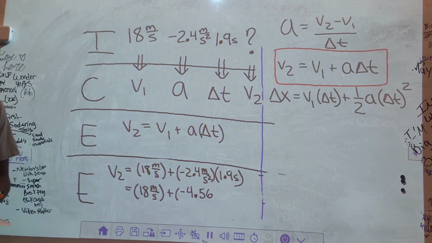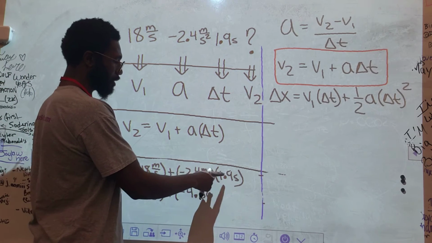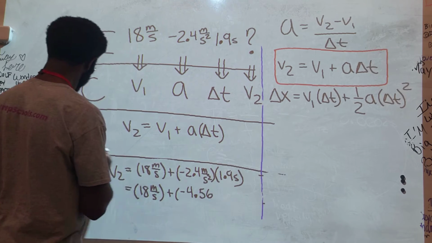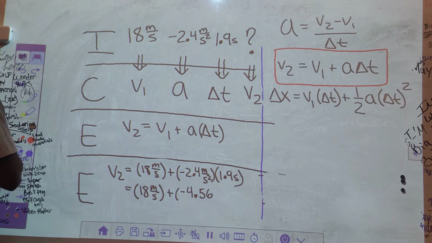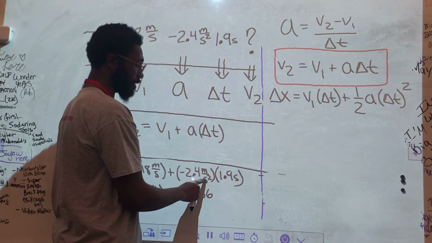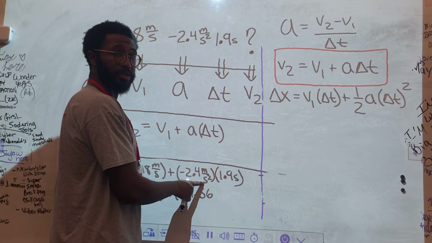All right, now we also have to write the correct units here. We've got meters over seconds squared being multiplied by seconds. Now, this seconds is in the numerator and this seconds is in the denominator, so we know the seconds will cancel out here.